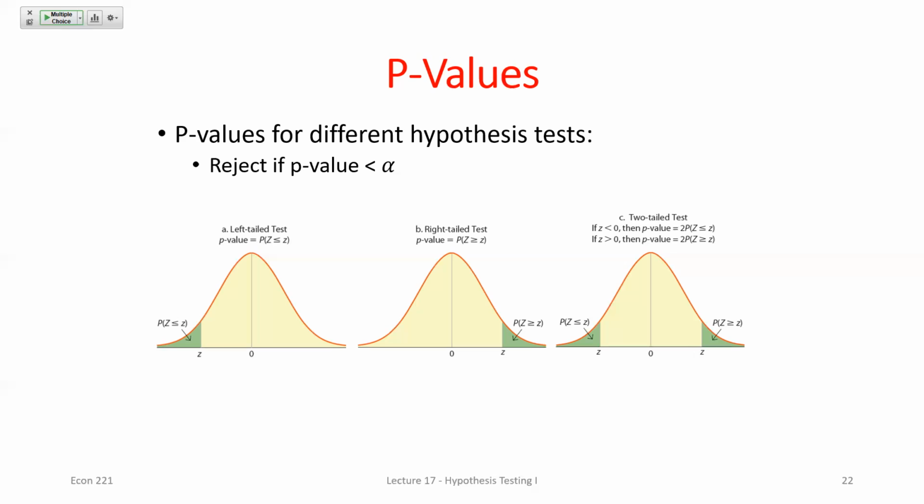Because if the probability starts to fall below 0.05, it's probably the case that what I assume to be true isn't true, and that the true mean is probably somewhere closer to where my sample mean was. Right? So I'll set this threshold for alpha and say, look, if the probability I saw that sample mean or anything further away from my assumption falls below 0.05, I'm okay rejecting the null.